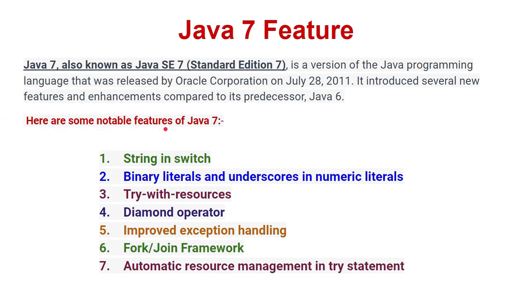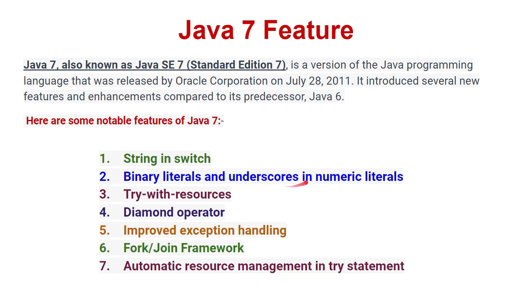Here are some of the notable features. String in switch: previously we could not give a string value while creating a switch, but it's supported after Java 7. Next is binary literals and underscore: when writing numbers, we can put an underscore in the middle of the number.